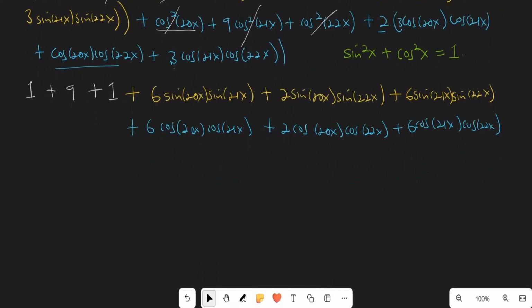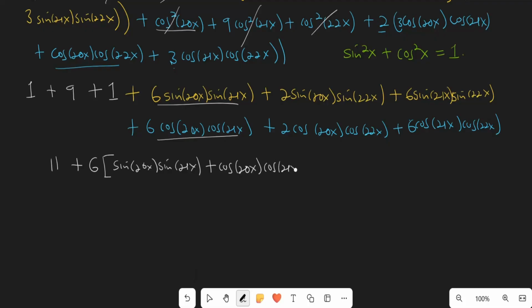So 1 plus 9 plus 1 gives you 11. And then I'm just going to group these terms. This term and this term can be grouped together because they have 20x and 21x. They have 6 in common, so we can factorize 6 out, and that is going to be 6 times sine of 20x, sine of 21x, plus cosine of 20x, cosine of 21x.